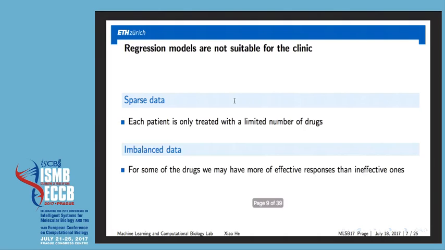The other problem is that the dataset might be imbalanced. We assume that doctors have some prior knowledge to prescribe drugs to patients. Maybe some drug is better for this type of cancer, or the doctor knows some gene mutation of the patient, then he can prescribe the targeted therapy.